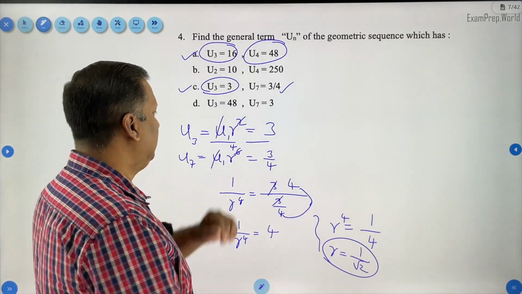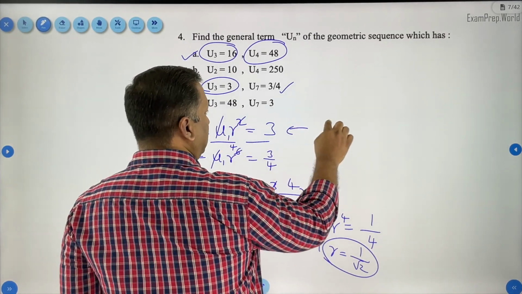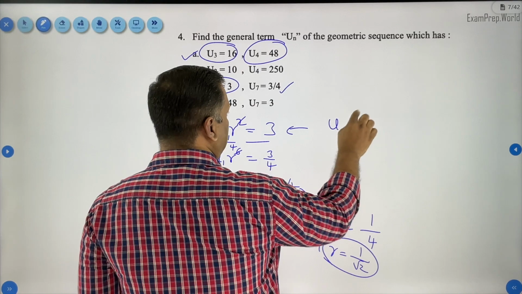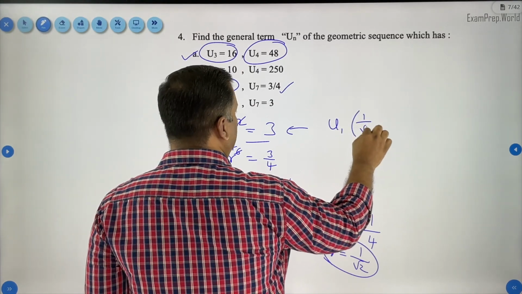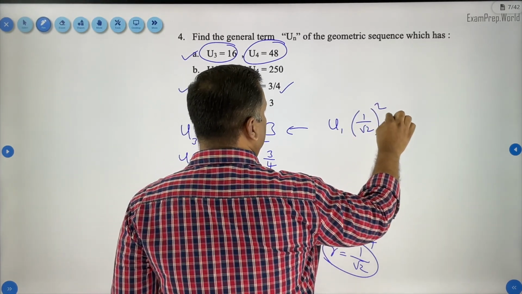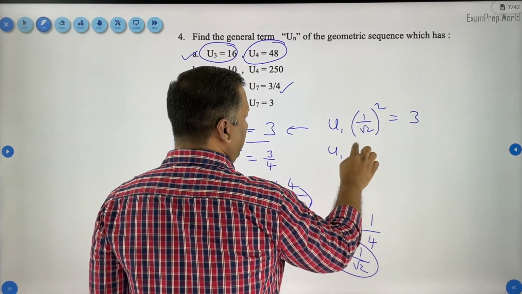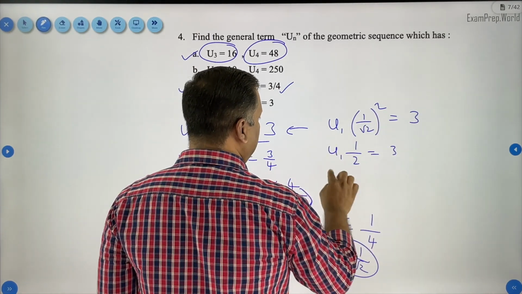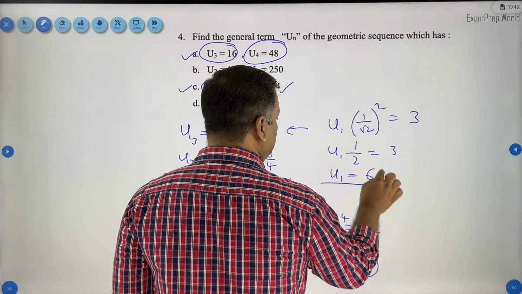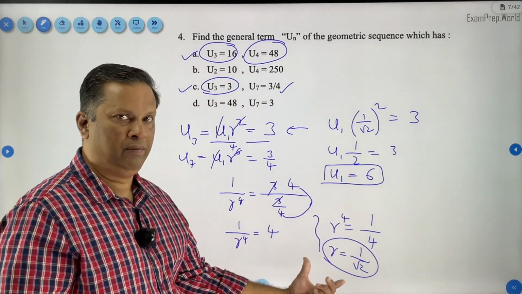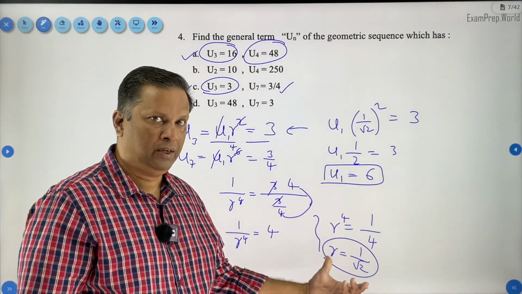We'll input R here in this first equation. U1 times 1 by root 2 whole square is 3. So U1 times 1 by 2 equals 3, so U1 equals 6. Now you have U1, you have R. U1 and R are there in your hands.